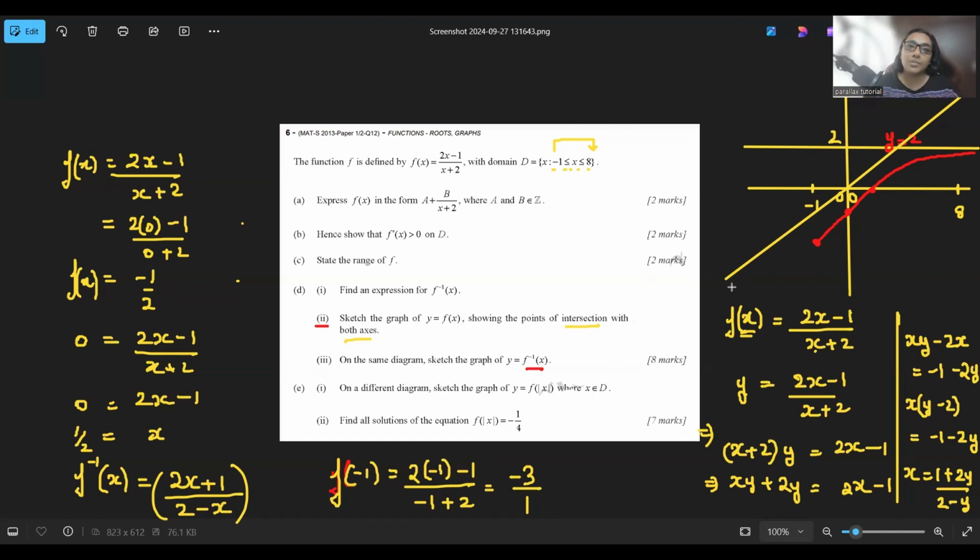An inverse function is just a reflection of the original function on this y is equal to x line. I repeat, inverse function will be the reflection of our original function on this line, which means that if we have to draw the inverse of this function, our function would be just equidistant from this line, which means it will be something of this sort.